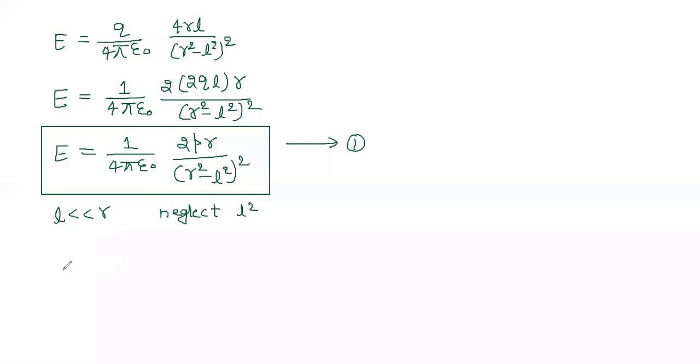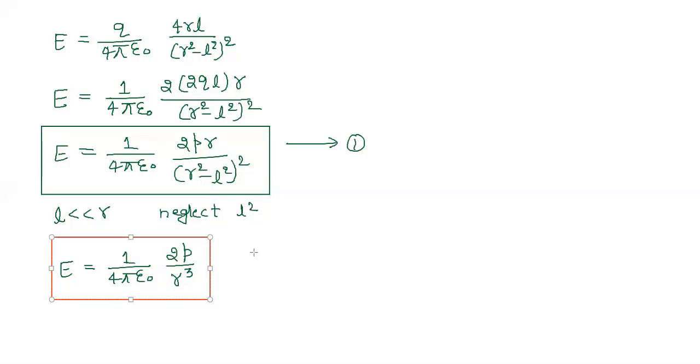Then we will have 2p. Here will be r to the power 4 and 1 r will be cancelled out, so you will have r to the power 3. This is equation number 2, and it gives the electric field due to the dipole at the axis of the dipole.